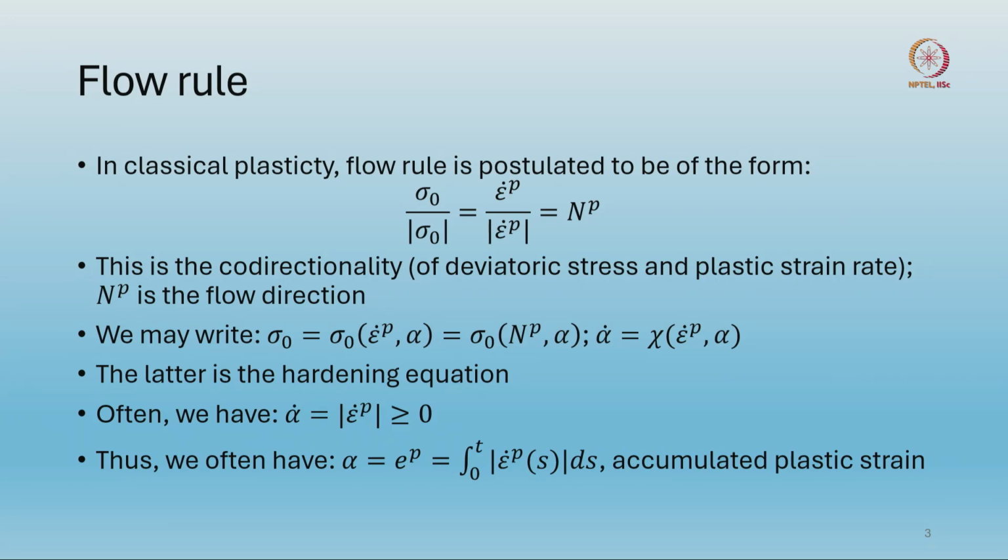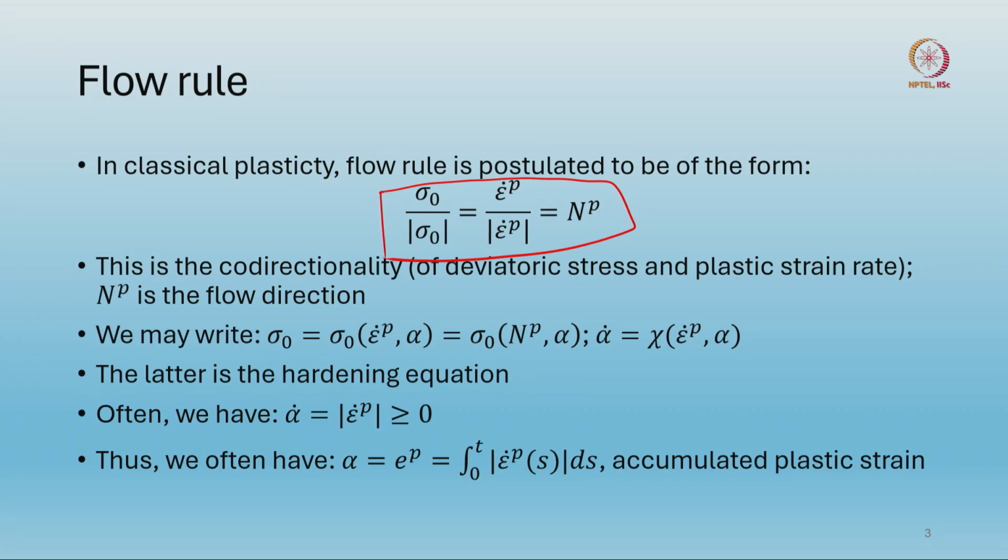Now the flow rule is a relationship between the deviatoric stress, which essentially drives incompressible plasticity, and the plastic strain rate. And this relationship is captured here. The ratio of the deviatoric stress tensor to its magnitude, or modulus or norm, all are the same things, is equal to the ratio of the plastic strain rate to its norm.